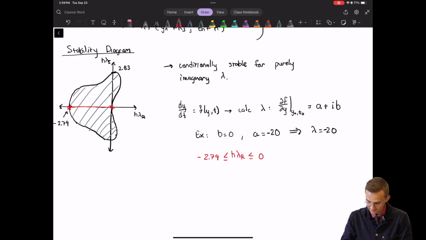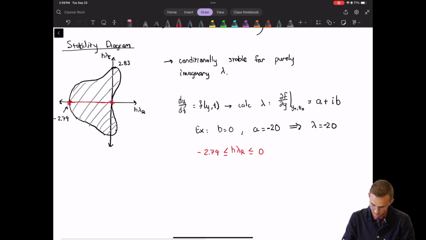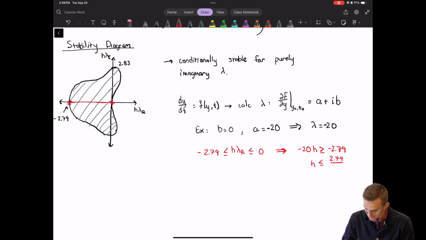We just found that lambda r is minus 20, so minus 20 times h has to be greater than or equal to minus 2.79. Dividing both sides by negative 20, h has to be less than or equal to 2.79 over 20. And that is our stability criterion.